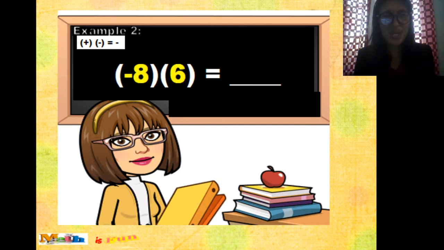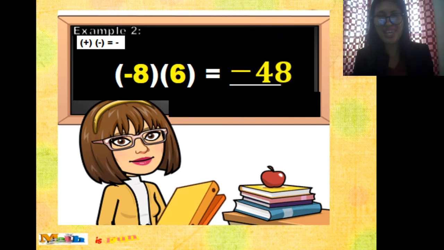Example number 2. Negative 8 times 6. These two integers have different signs. So, negative 8 times 6 is negative 48.